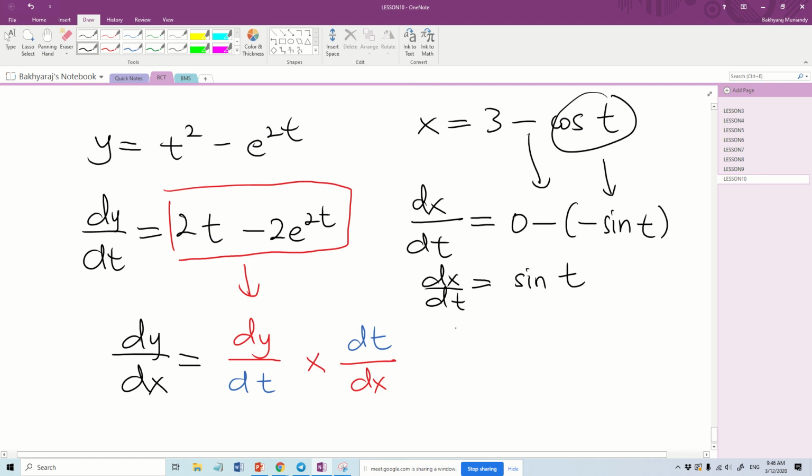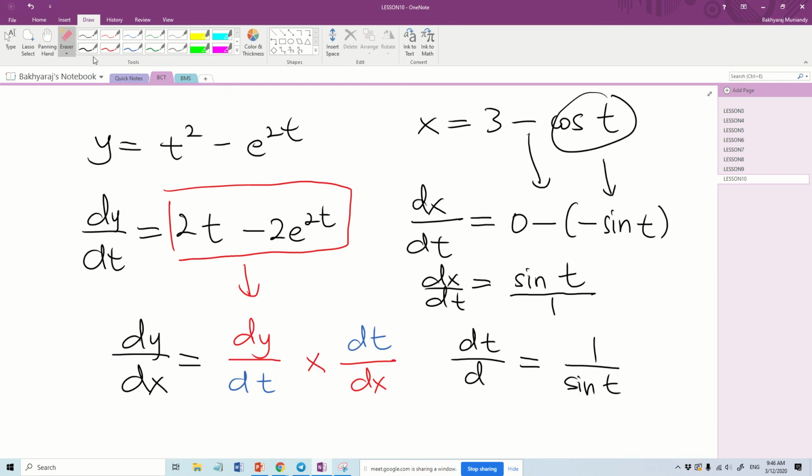If I want dt over dx, I need to flip it, so it becomes 1 over dx/dt. Actually the fraction is 1, so I flip it and get 1 over sin t.